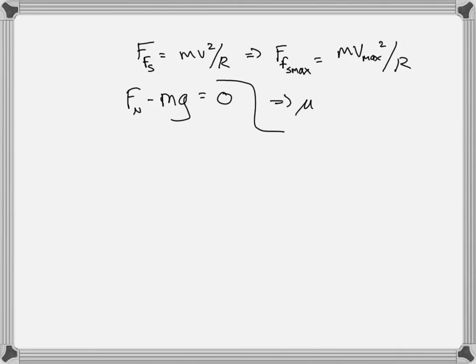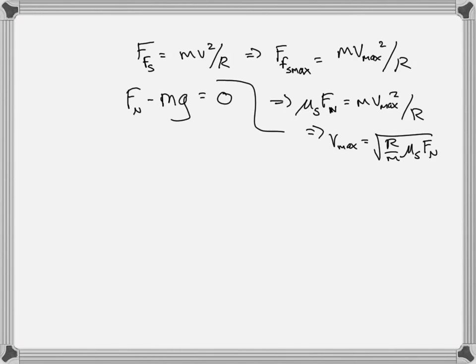Again, F_fs max is mu sub s Fn, and mu sub s Fn equals m v max squared over r. That gives us the maximum speed. And therefore, v max is equal to the square root of r over m times mu s Fn.